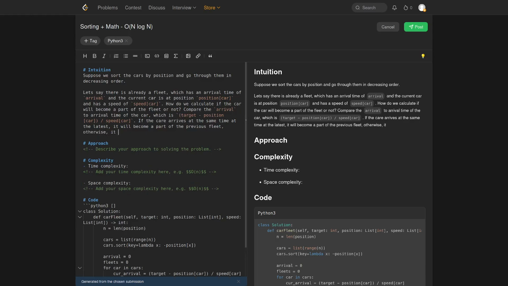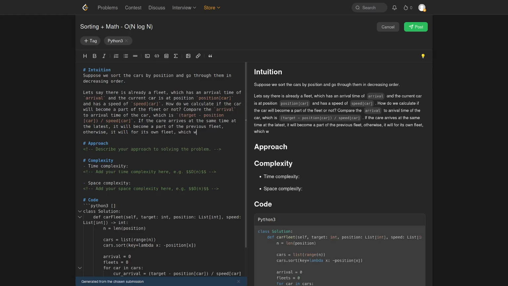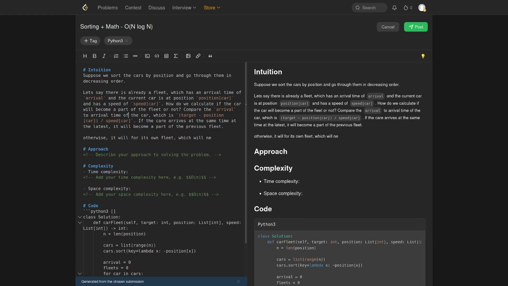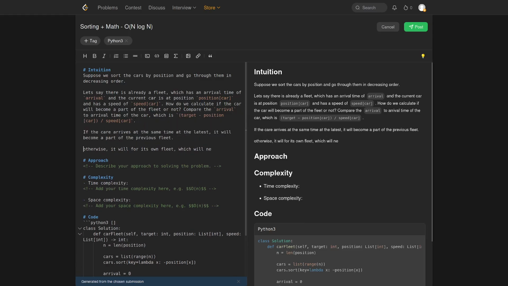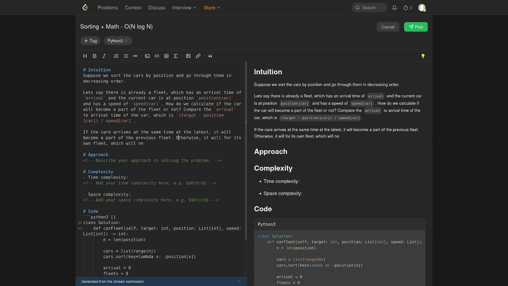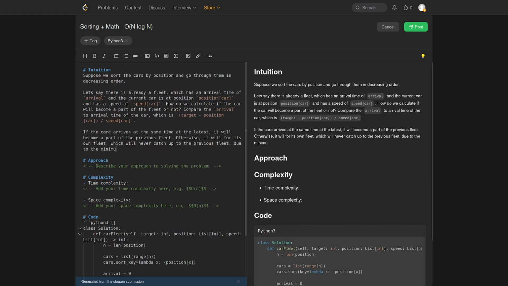Otherwise, it will form its own fleet, which will never catch up to the previous fleet due to the minimum speed condition.